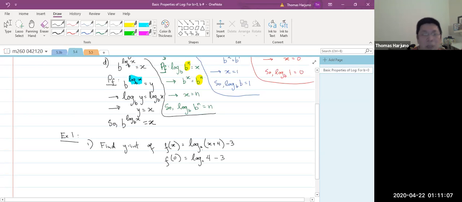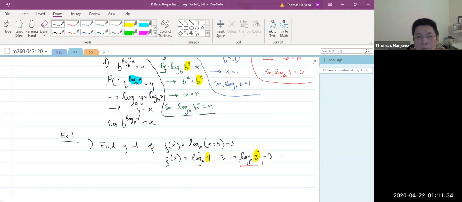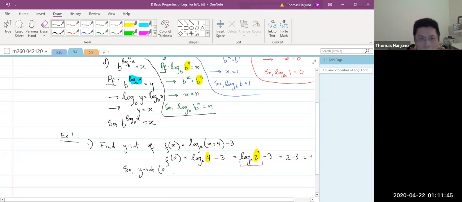Now we see this 4 as 2 squared: log base 2 of 2 squared minus 3. According to our basic property, log base 2 of 2 squared equals 2. Minus 3, that's negative 1. So our y-intercept is (0, negative 1).